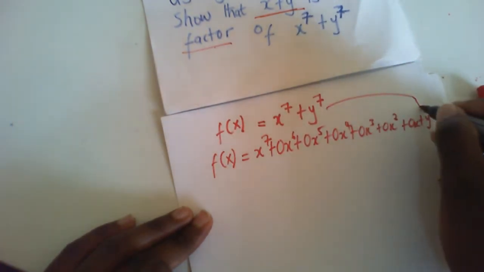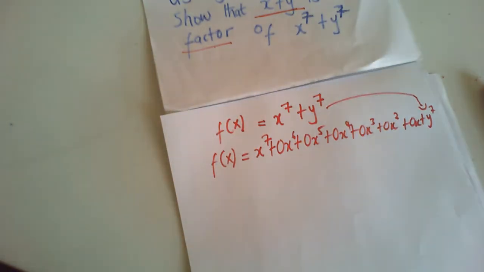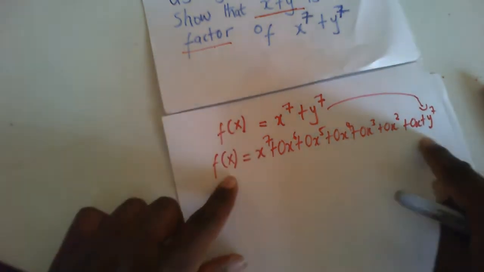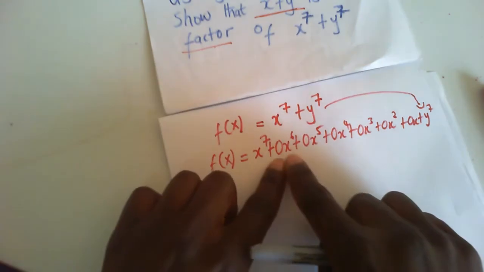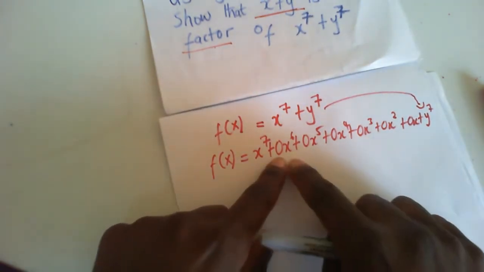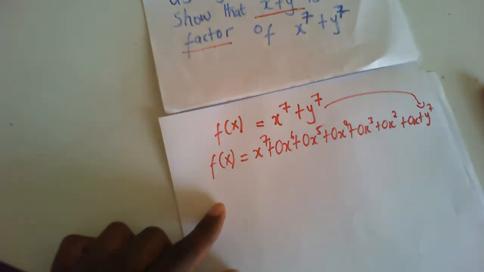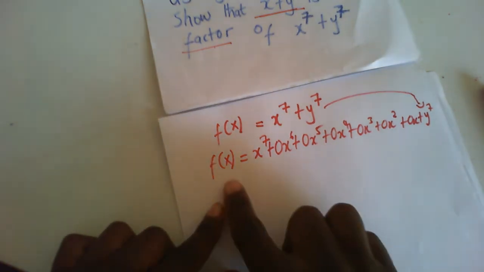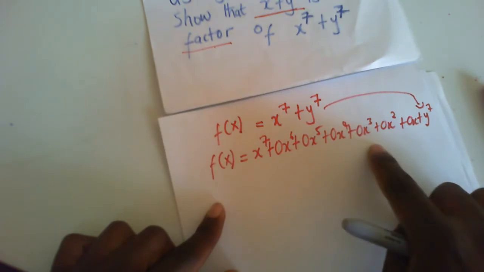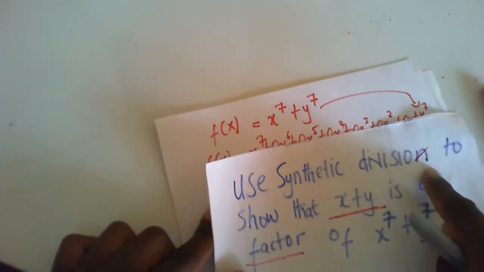So this is our constant y raised to 7. All right. So this expression is the same as this, because these are just zeros, which when you simplify takes you back to the first function. Right. So now after writing this in this form, we now need to use synthetic division.